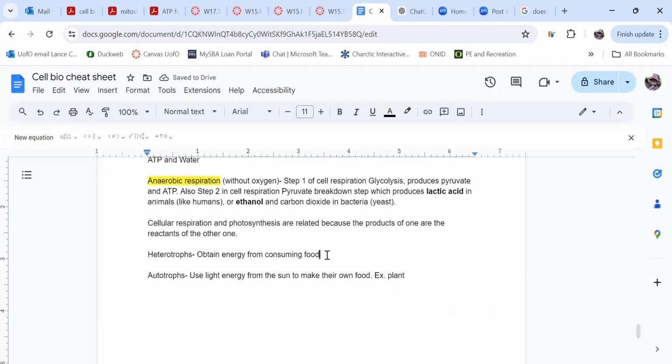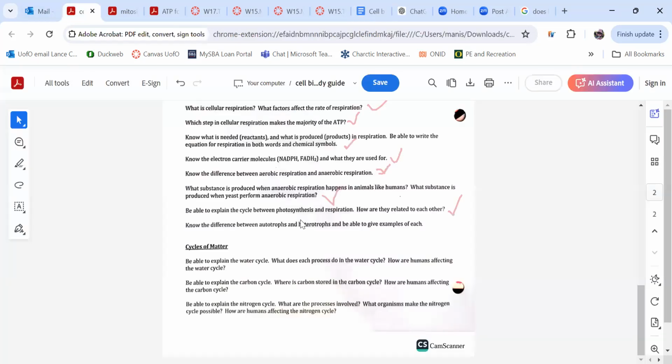Okay, so examples, we'll put humans, ants, bears, fish, mushrooms. You can put so many other examples for heterotrophs, whatever you want to put here. And for autotrophs, you put plants, maybe photosynthetic bacteria. Yeah. All right. Wow. We're done with that section.